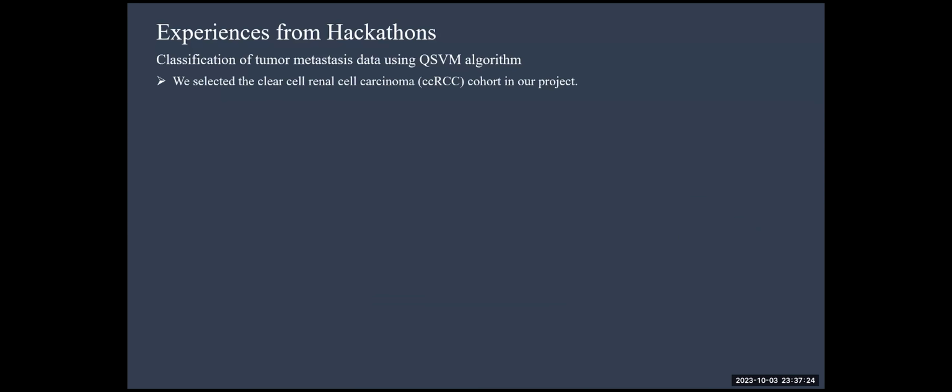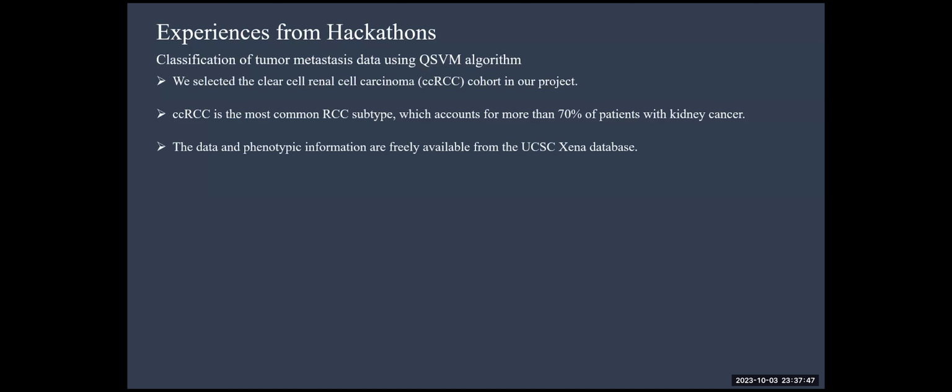We selected the clear cell renal cell carcinoma, CCRCC, as the dataset in our project. CCRCC is the most common RCC subtype, which accounts for more than 70% of patients with kidney cancer.